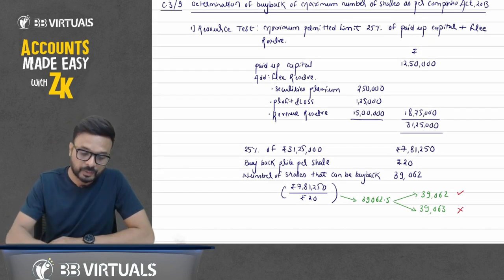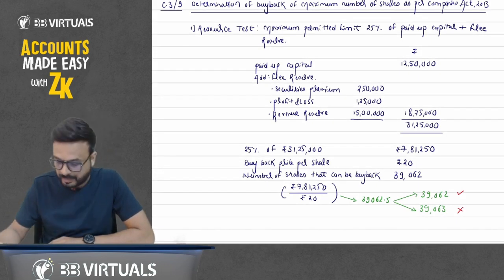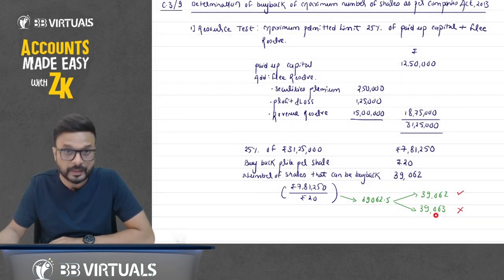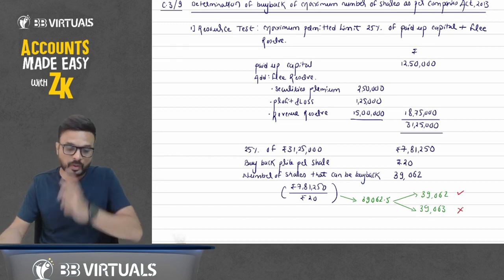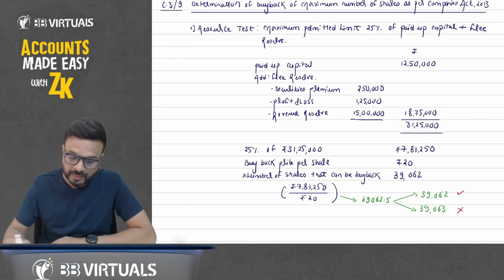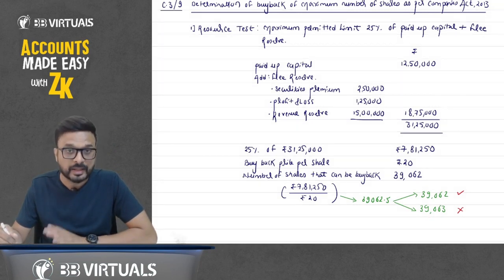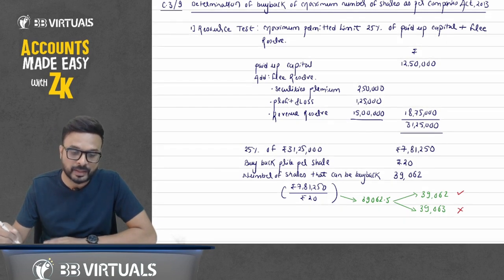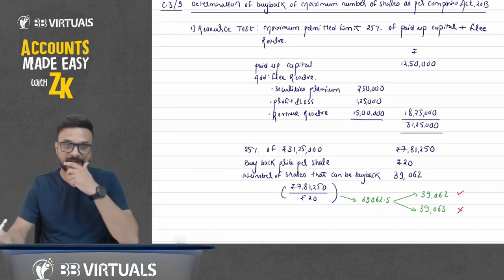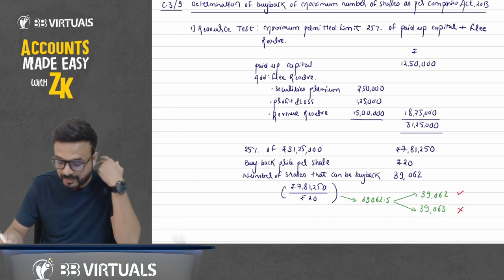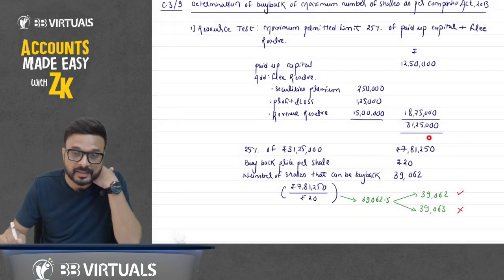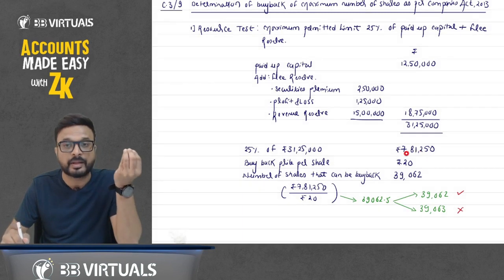Now type in your calculator 39,063 multiplied by what you are paying for one share, 20 rupees. That comes to 7,81,260.